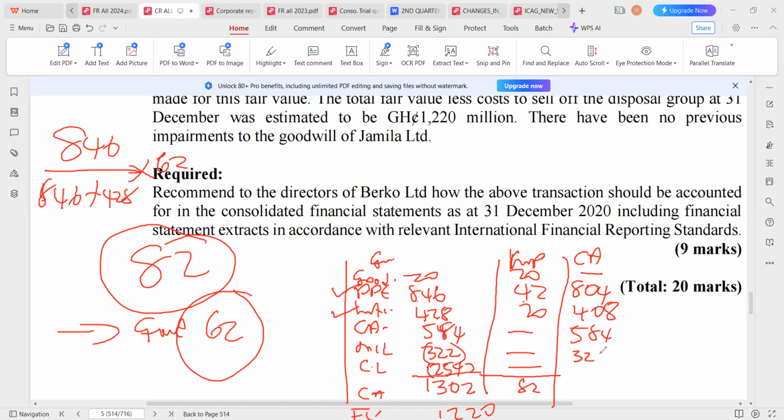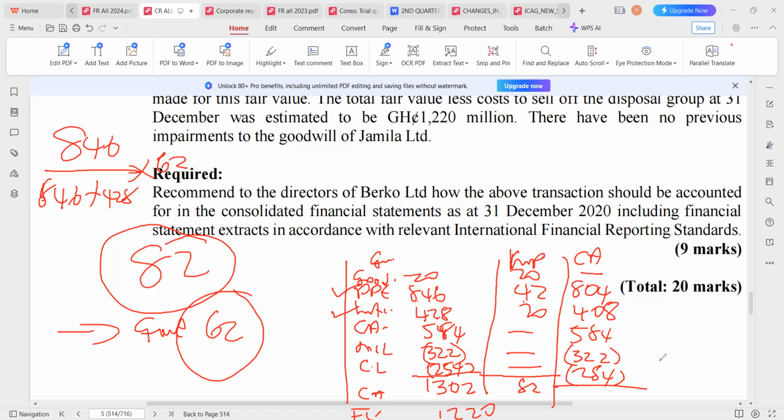Here will be 254. So if I should end here, give me the total assets that can be recorded as non-current asset held for sale. The target, it will be the 2.